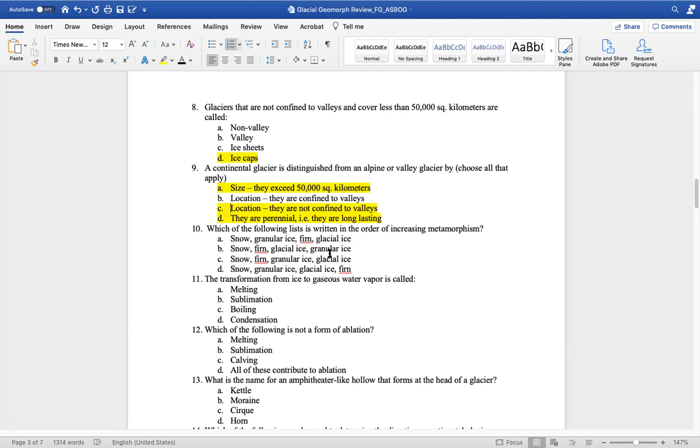And so what's happening here is that snow that survives the year is going to undergo recrystallization, and it's going to become more rounded. It's going to settle more, and first it'll be fresh snow, and then it'll turn into firn.